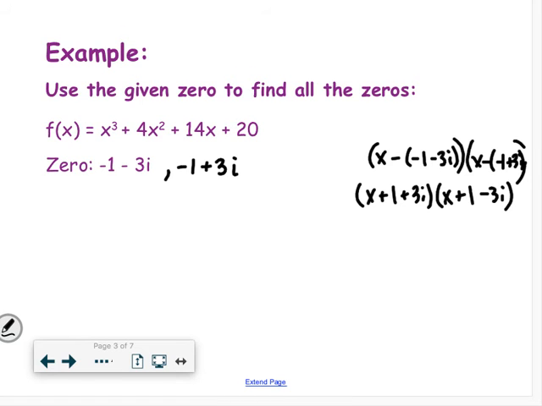So some people will skip that first step where they write the complex zero in parentheses. They could just distribute the negative to both terms. I'm okay with that as long as you can be careful with signs. If you're going to have an issue with your signs, then you ought to write it down and distribute the negative. So you decide what works best for you.